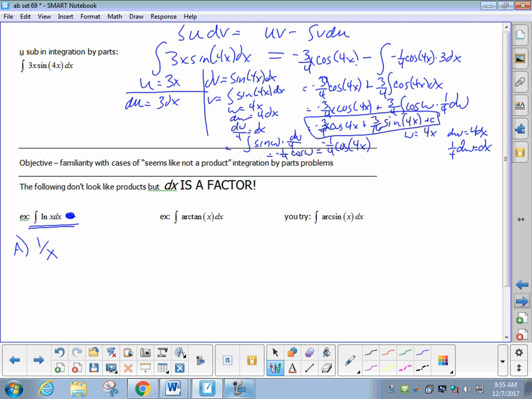More than 50% of the people will choose that. You better believe it. Why is that not okay? That's wrong. That would be the derivative of natural log. Does this mean take the derivative? No, it means take the antiderivative. So that is a big fat no.